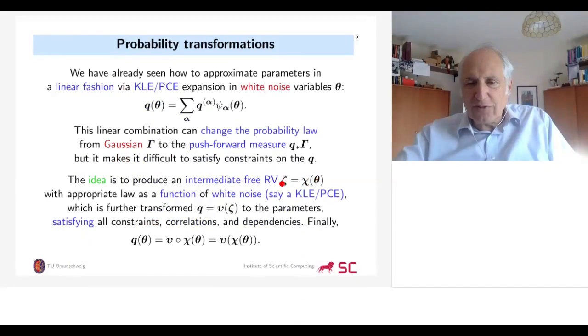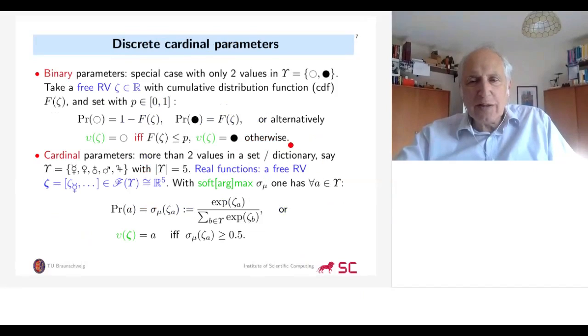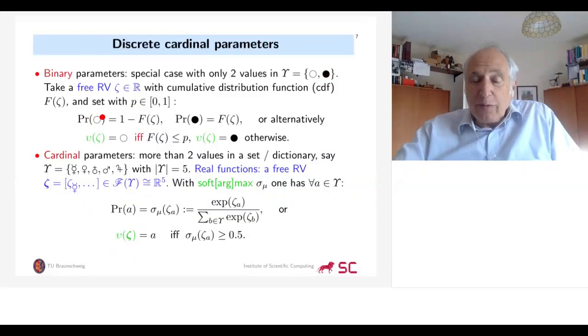This random variable has a distribution which we want for some reason, but it's free, there's no bounds on it. It has a certain distribution function, f of zeta, and we set a certain number p. We want with probability p that this happens, and with probability 1 minus p that this happens. That's how we can model a probability distribution.